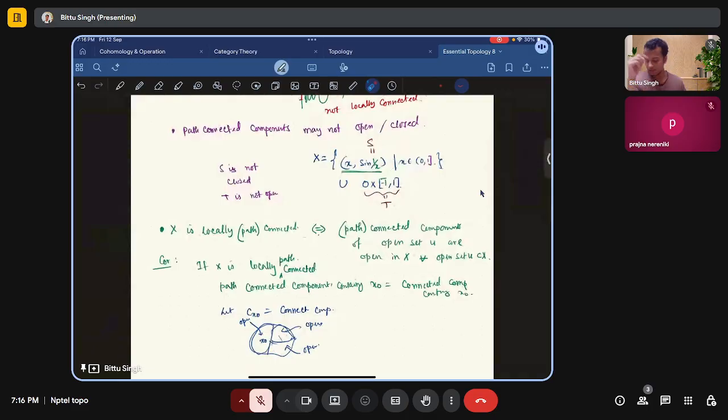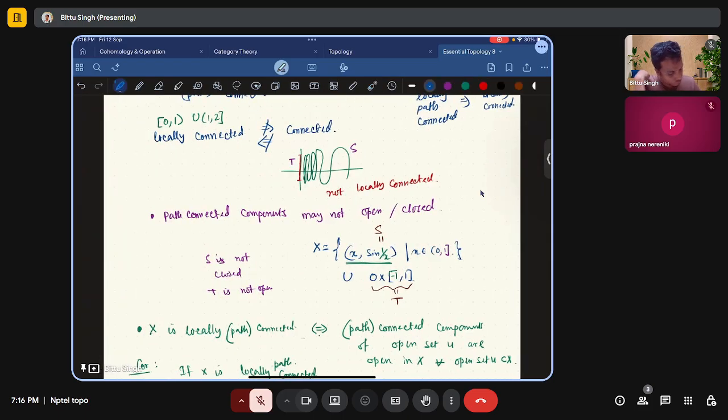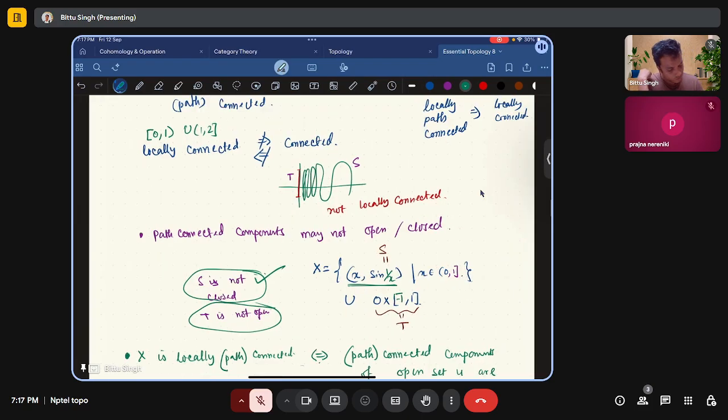Okay. So this is the whole theory of connectedness and path connectedness. I have some doubt with these two things, which you should check. S is not closed, this is clear, because there will be some limit points. All the points from T are limit points. But T is not open, and you should check this. I am not certain. Why is this not the case?